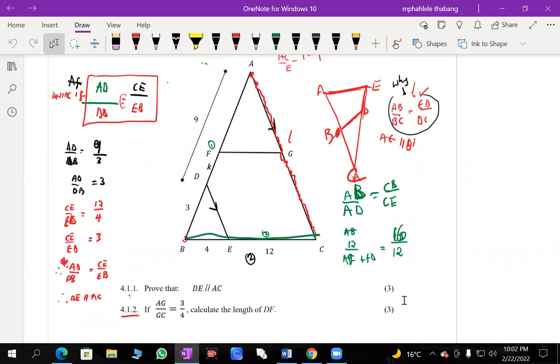So, do you need AF plus FD? AF can be 9 minus K. True.